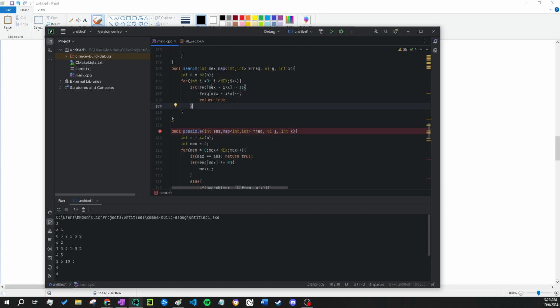I guess, am I iterating too much? Yeah, I think this will be the case, right? Because if it's greater than max, this is going to be negative.